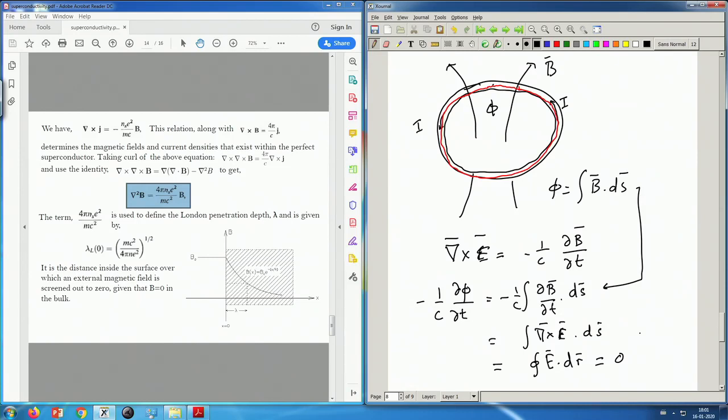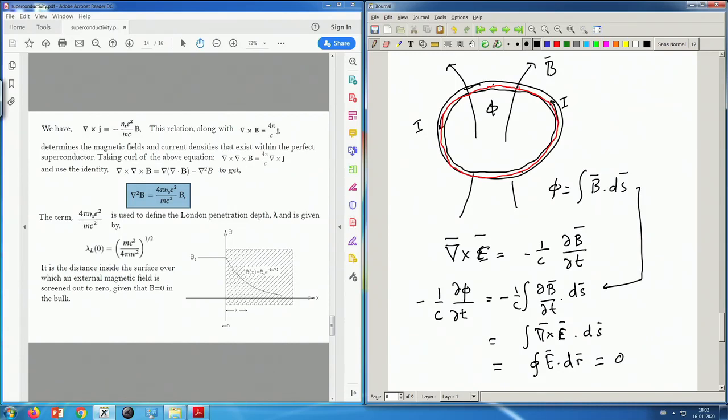So, the flux has to be whatever it was before B was switched off. This area times B is the flux, and that has to remain constant. That means there has to be a current that keeps on flowing to generate this flux, to keep the flux at what it was when I put the magnetic field, right.